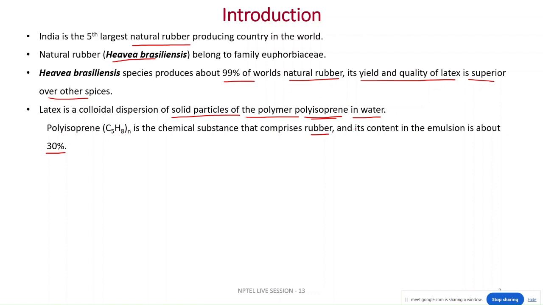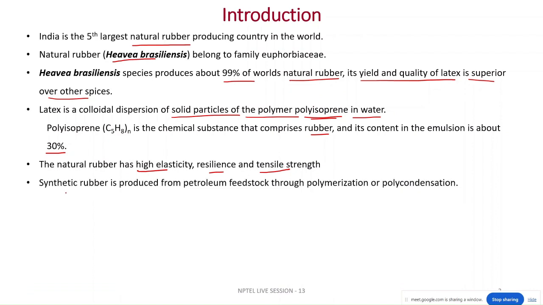So this polyisoprene polymer percentage is 30% when it is dispersed in the water solvent. The natural rubber or polyisoprene has very high elasticity, high resilience, and high tensile strength.